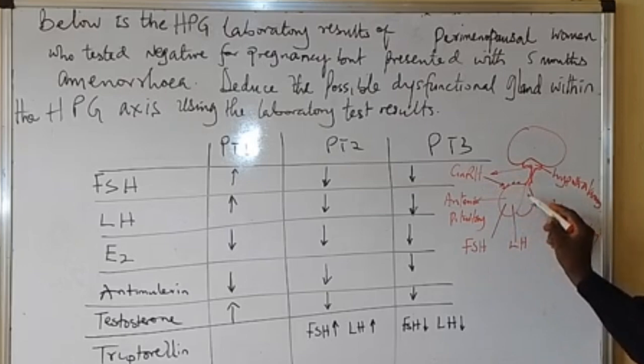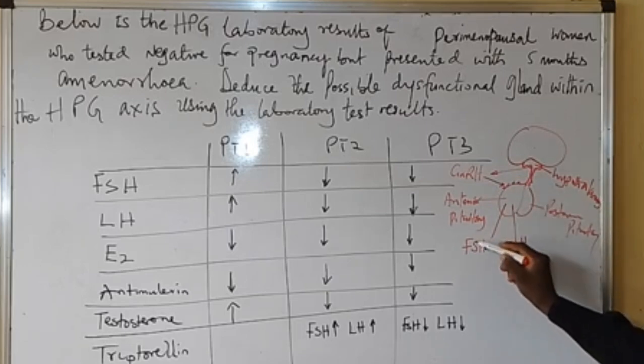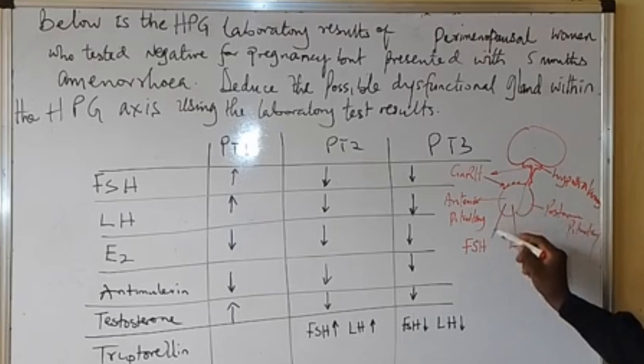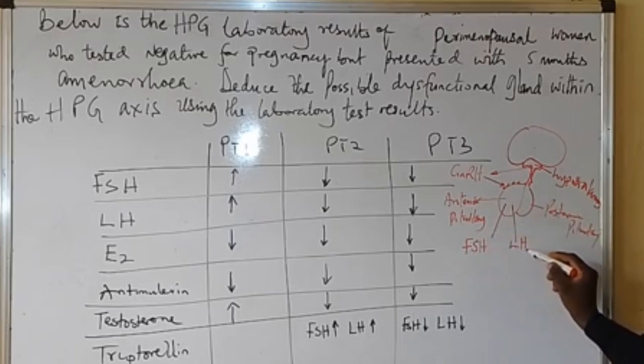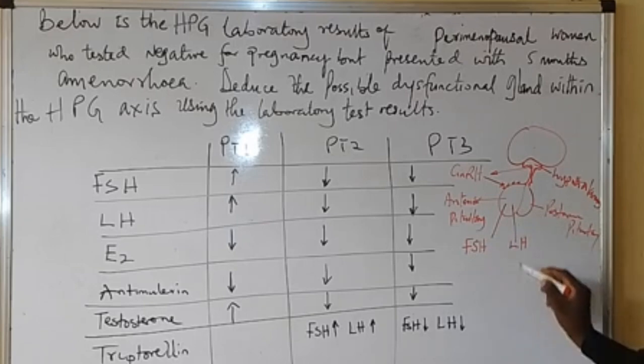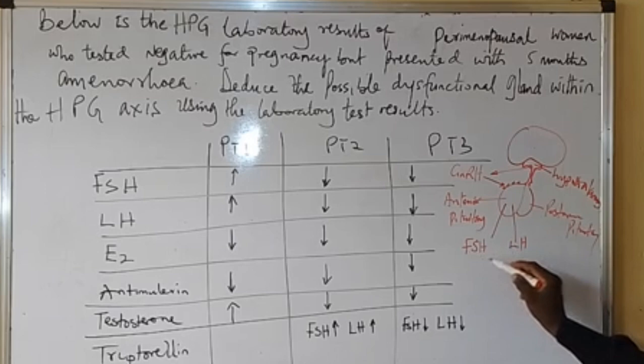GnRH acts on the anterior pituitary receptors, causing the anterior pituitary to release follicle stimulating hormone and luteinizing hormone. These two hormones together act on the gonads.